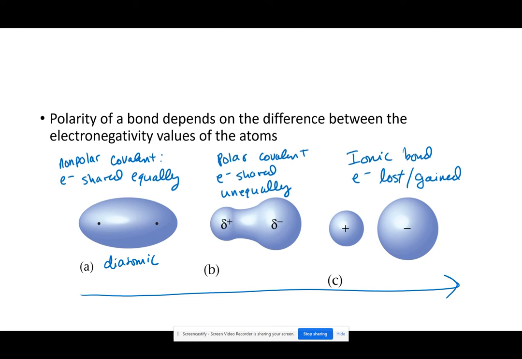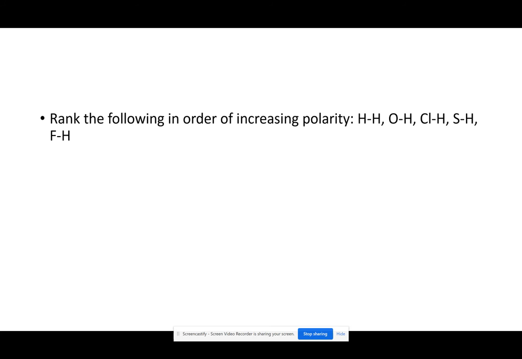The more electronegative species is completely taking the electron from the less electronegative species. So I can rank these bonds in order of increasing polarity. The bigger the electronegativity difference, the more polar the bond is going to be.